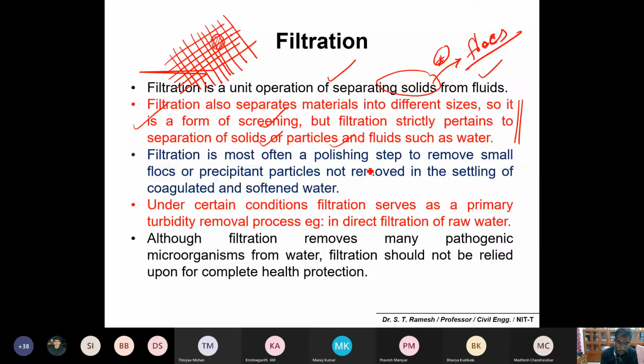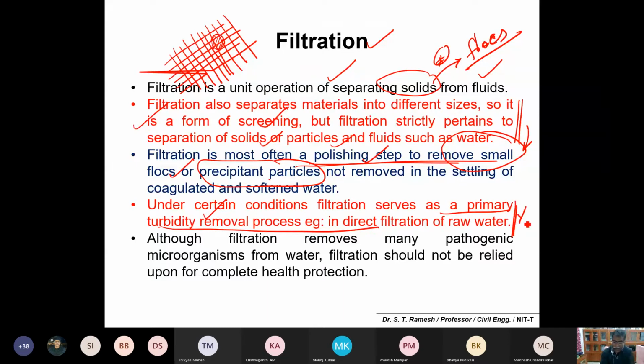Please remember, screen filtration is often called a polishing step, to remove microflocs, and in the case of groundwater, it will also remove precipitant particles. We will come back to this later, but just remember retention or removal of smaller microflocs from the water. Under certain conditions, filtration serves as a primary turbidity removal process, in the case of direct filtration.